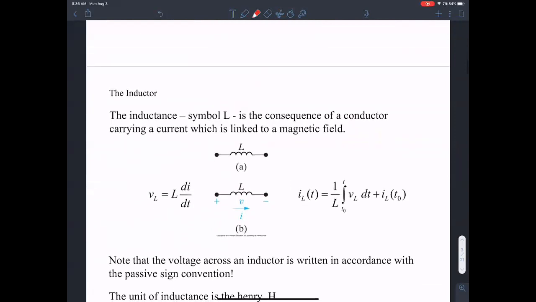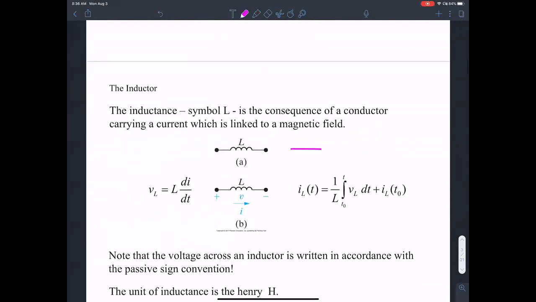What is an inductor? Here is the symbol for an inductor. A winding coil is the symbol for an inductor. A resistance is a peak and valley kind of symbol, but inductance is a coil.